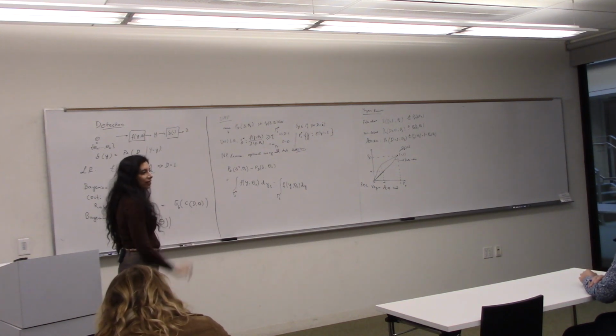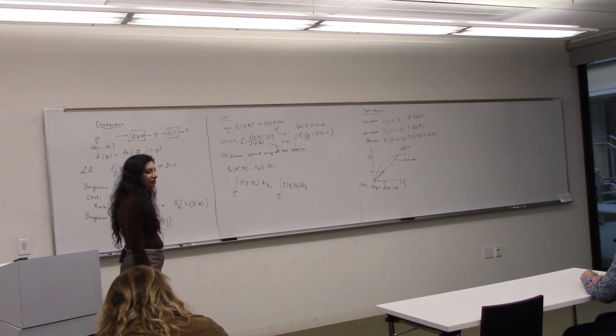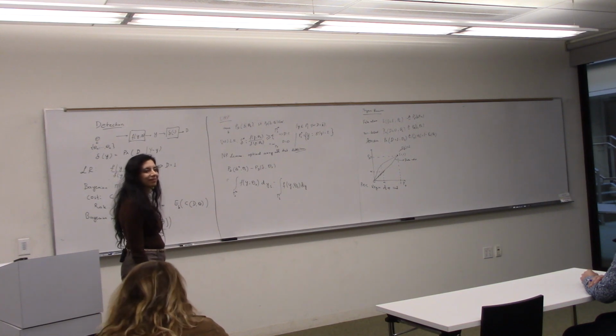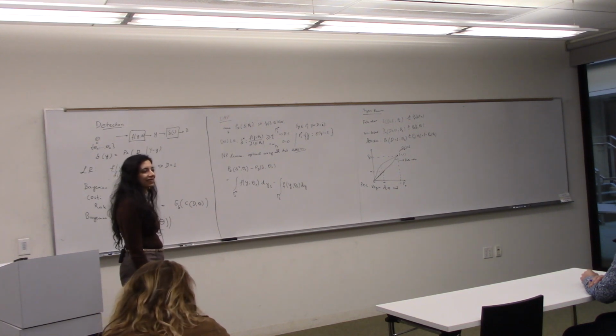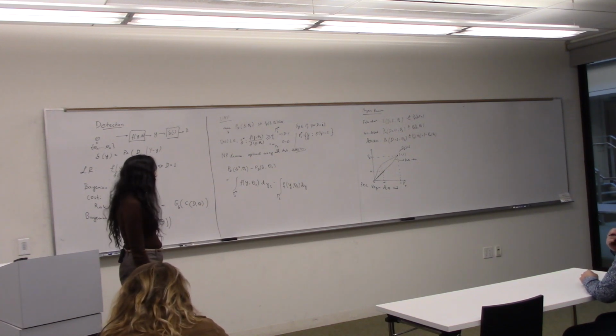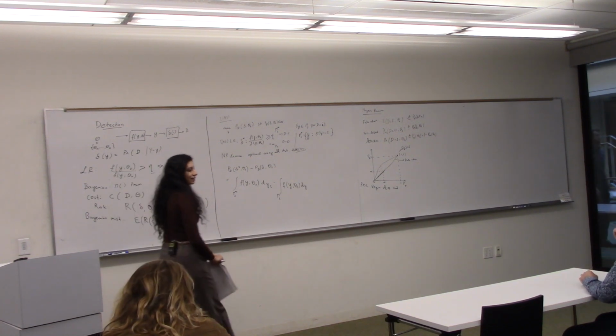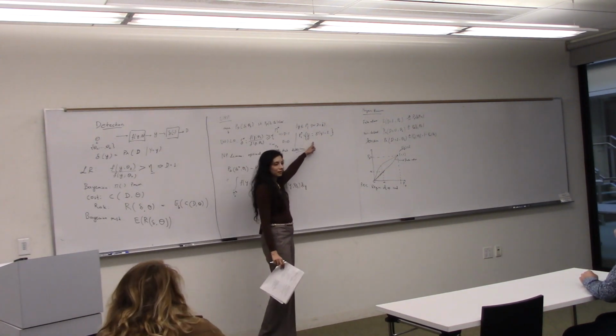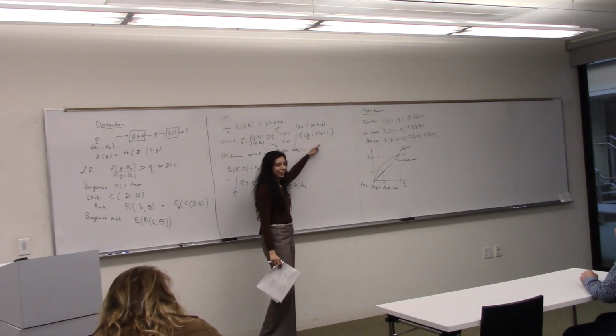Can I write this expression for a randomized detector? What do you think? How did I define gamma 1? Can I write this for a randomized one?